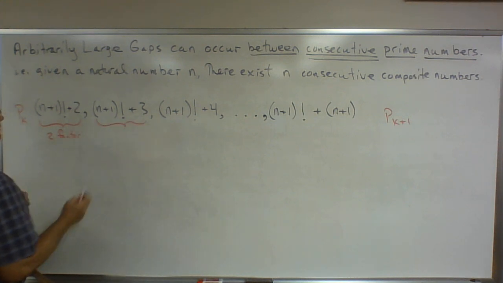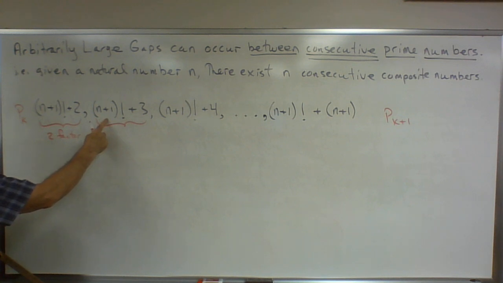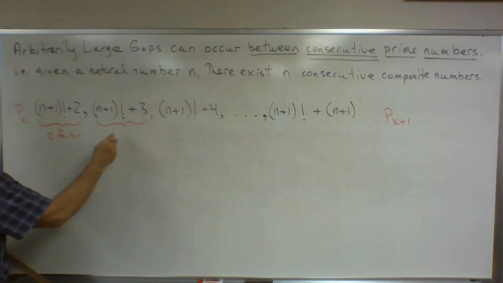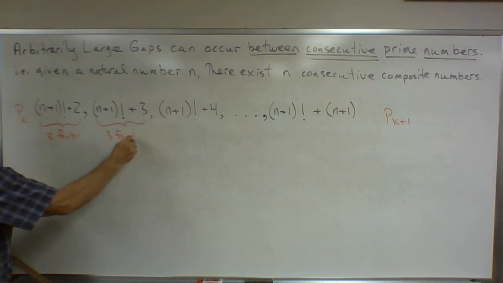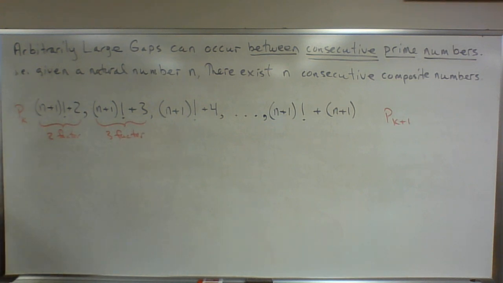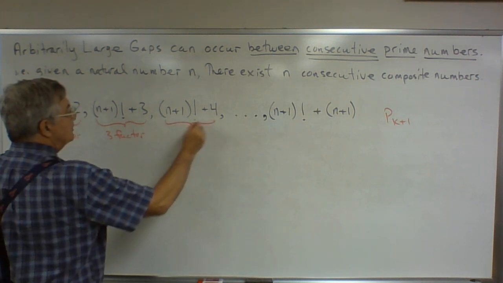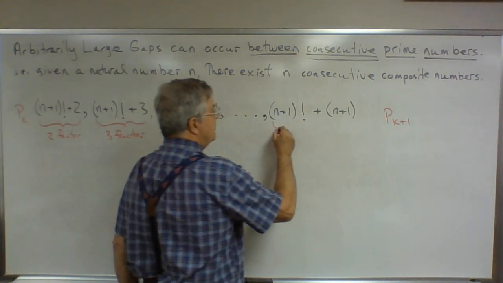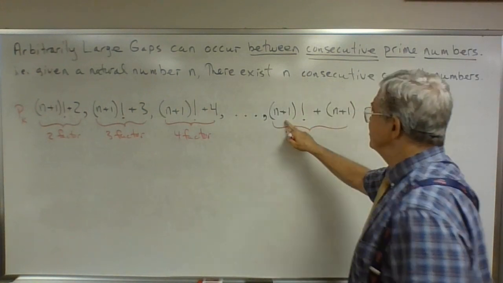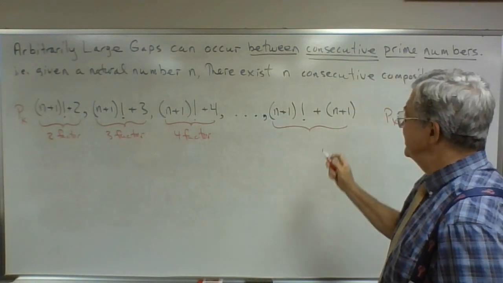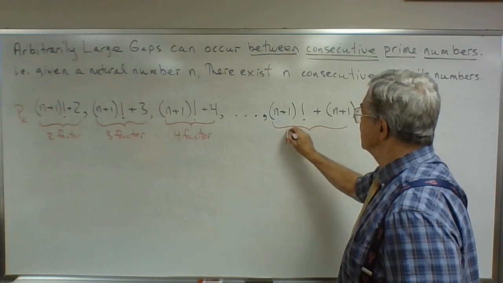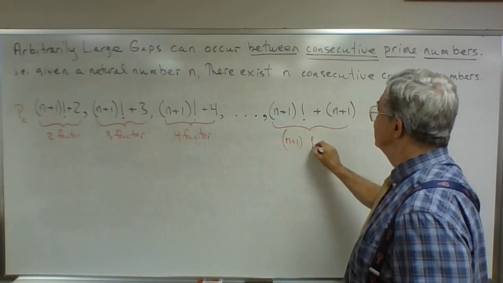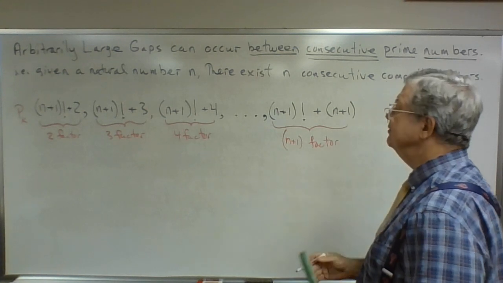Now let's look at this one. 3 is a factor of n plus 1 factorial, and 3 is a factor of this, so 3 is a factor of this whole thing. Similarly, 4 is a factor of this thing. And what about this one? n plus 1 is a factor of this, n plus 1 is a factor of that, so n plus 1 is a factor of the sum of those two things.